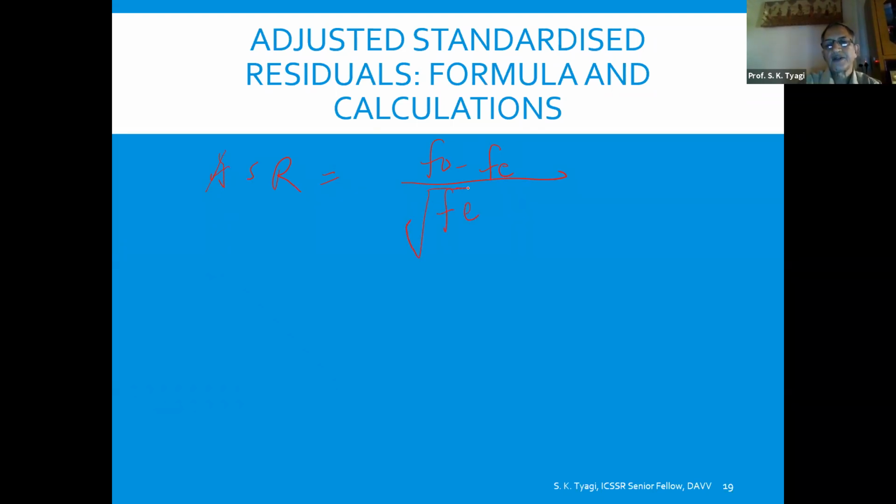Up to this point, this is the standardized residual, but we modify the denominator and multiply it with 1 minus R upon N into 1 minus C upon N, where R is the row sum, C is the column sum.